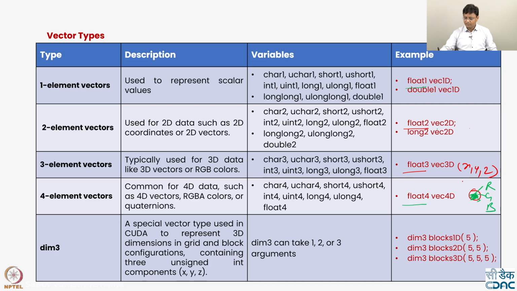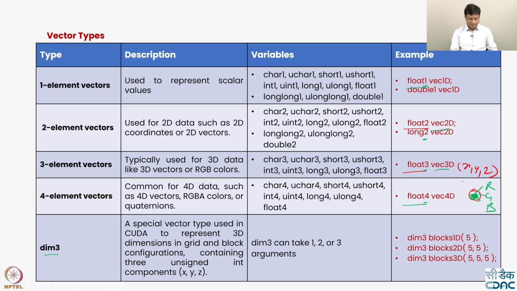If I declare the vector with float2, the vector name is vec2d, you can give any name, this vector can store 2 values. If I declare the vector vec3d with float3, this vector can have 3 values, and similarly for vector 4, float4. So basically this number indicates how many values we can store in a variable declared with this vector type.